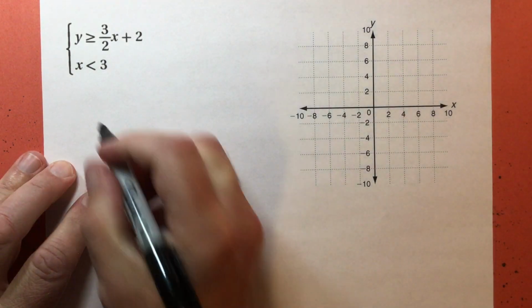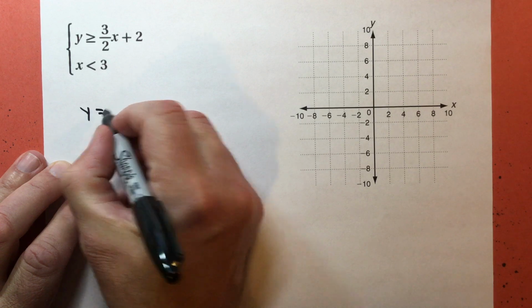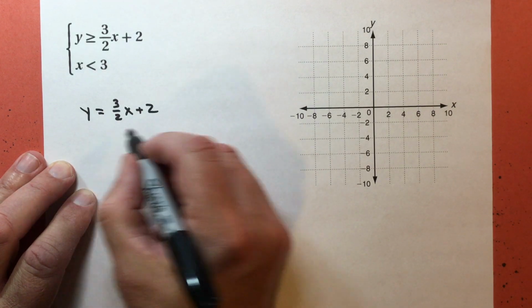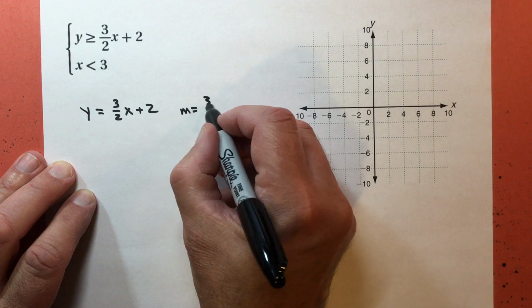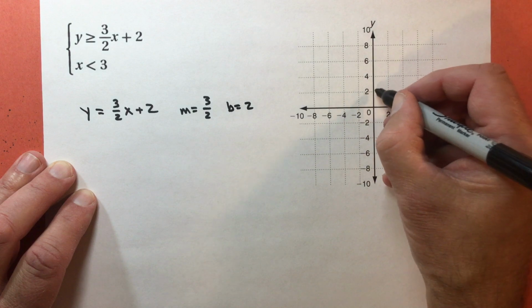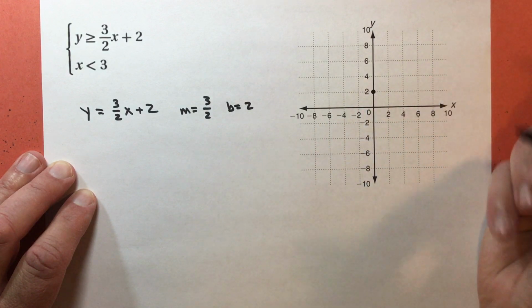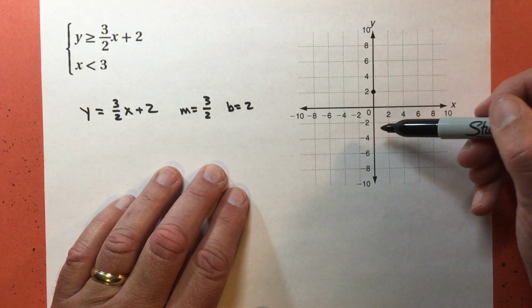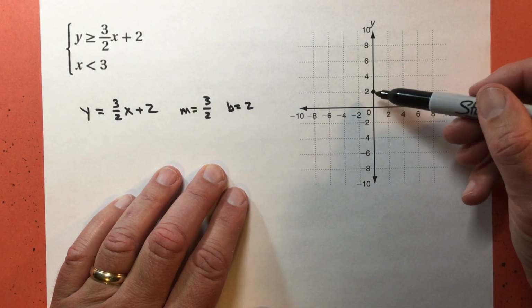So for the first inequality, my boundary line is y equals 3 over 2x plus 2. My slope is 3 over 2, and my y-intercept is 2. So here's my y-intercept, and my slope is 3 over 2. Now notice that I put a bigger scale in this one.